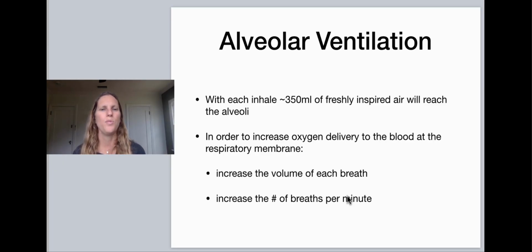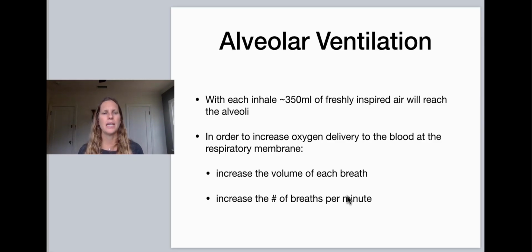So when we breathe in, each inhale is about 350 mils of freshly inspired air. Or I should say, of every breath we breathe in, about 350 mils of that air will actually make it to the respiratory surface.